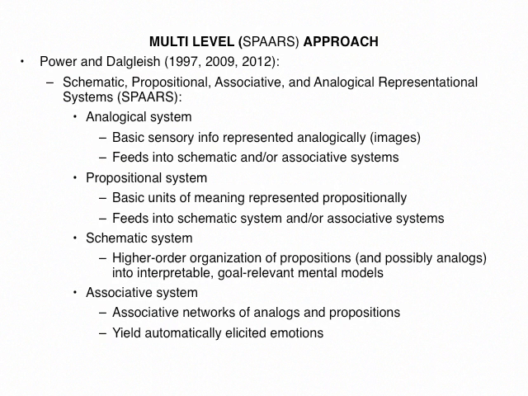And then the schematic system would be higher order organizations of propositions and also possibly analogs. Typically, we think of schemas as being higher order organizations of propositions into interpretable, goal-relevant mental models.